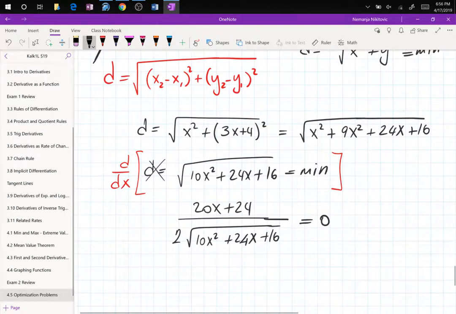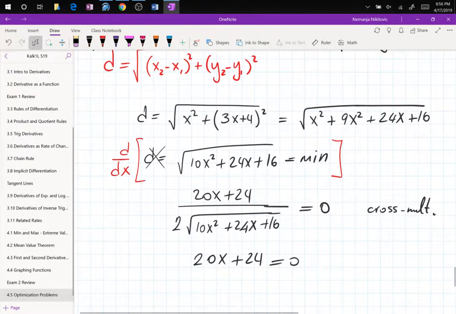So now you cross multiply, which kills the square root, and you are left with 20x plus 24 equals 0. So x is negative 24 over 20. Cancel both by 4, you get negative 6 over 5. X is negative 6 over 5.